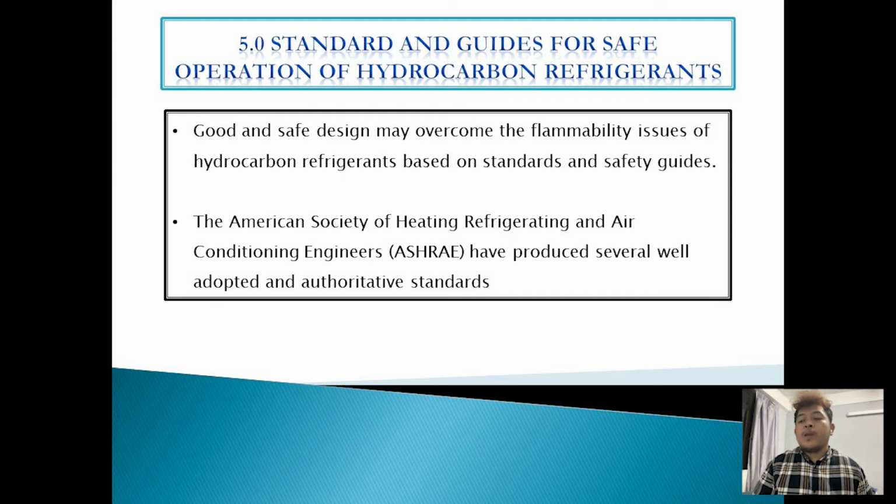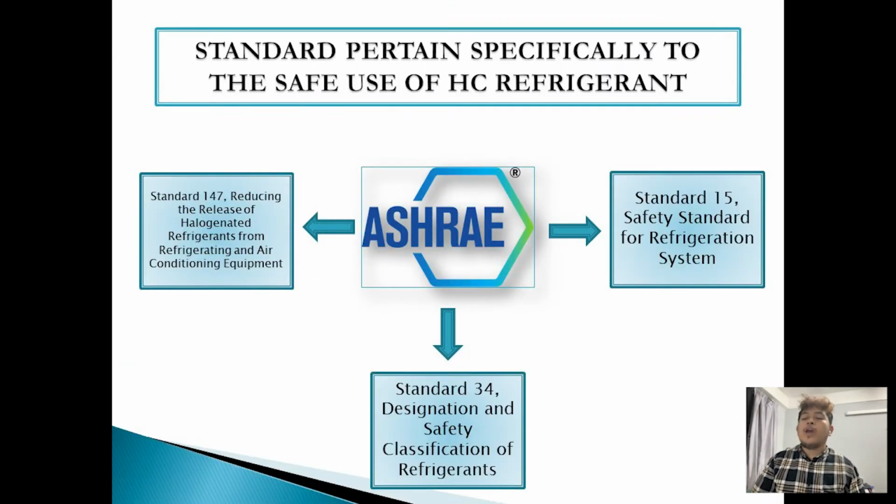The second point here is that the American Society of Heating, Refrigerating and Air Conditioning Engineers, or ASHRAE for short, has produced several well-adopted and authoritative standards. Next, here we have 3 standards pertaining specifically to the safe use of hydrocarbon refrigerant that have been promoted by ASHRAE.